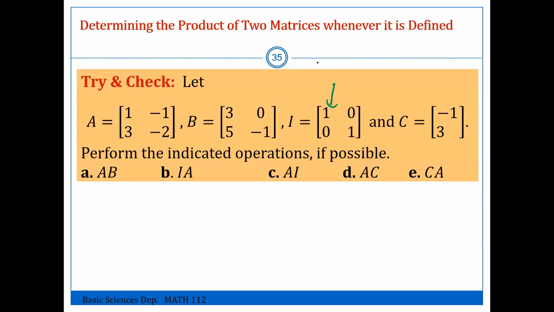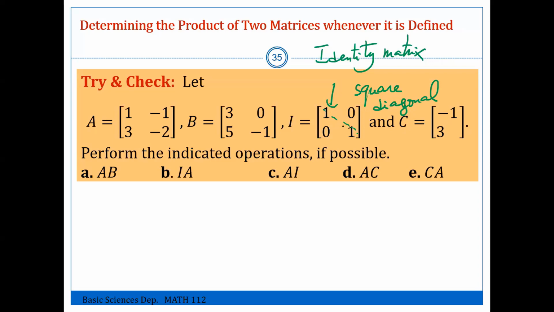Here, this is an important matrix. You'll see it later. It's called the identity matrix. It's a square, diagonal matrix. What does diagonal matrix mean? It means except the diagonal, all the elements are 0.